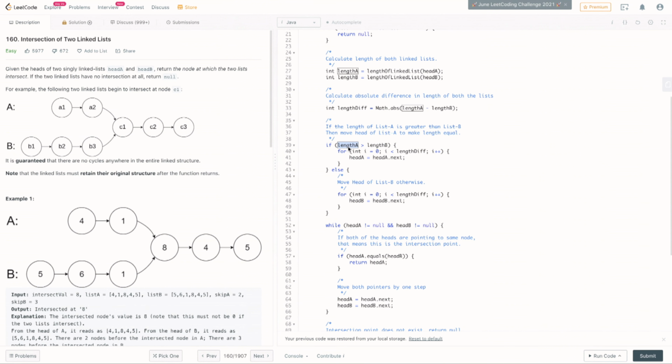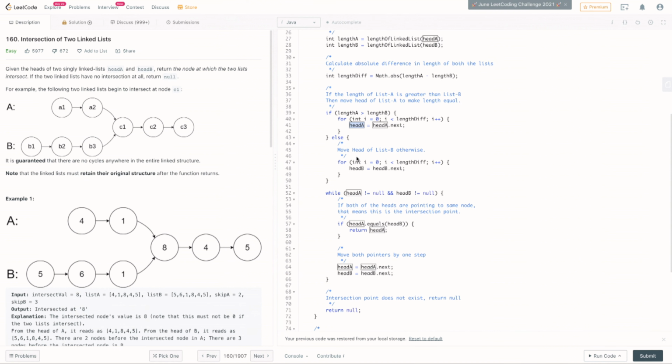If the length of linked list A is greater than the length of linked list B, then we will start moving head of A ahead till the length of both of the linked lists become equal. In case the length of linked list B is greater than the length of linked list A, then we will start moving head of B ahead.